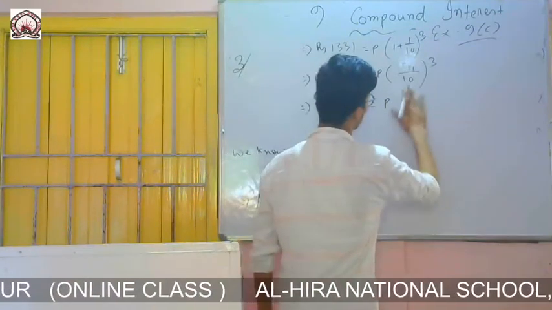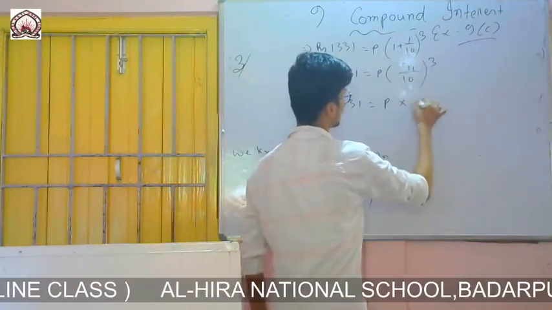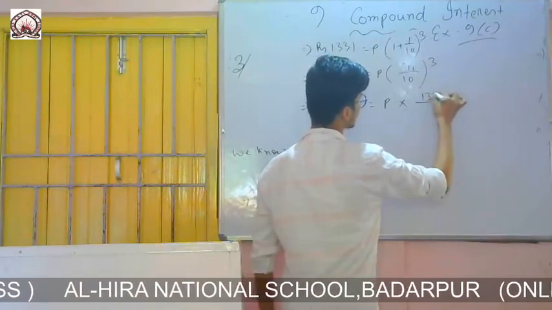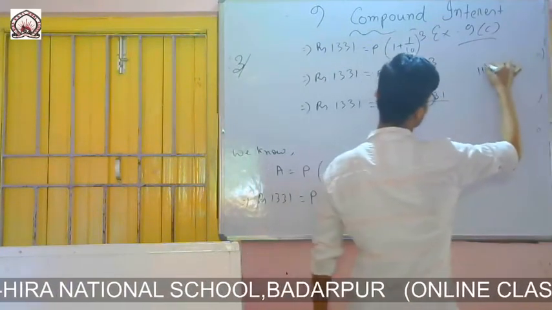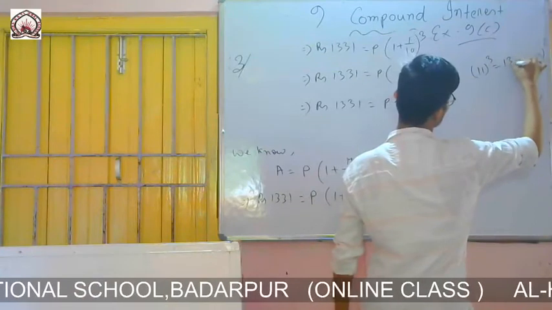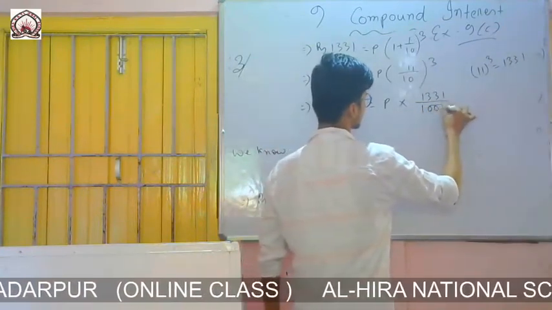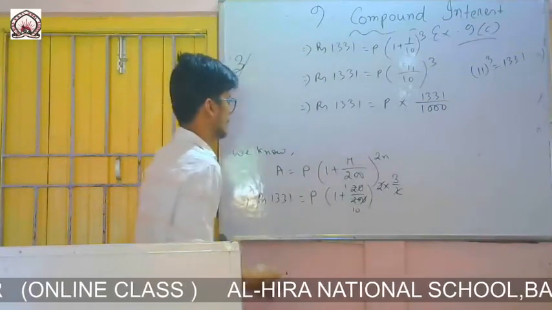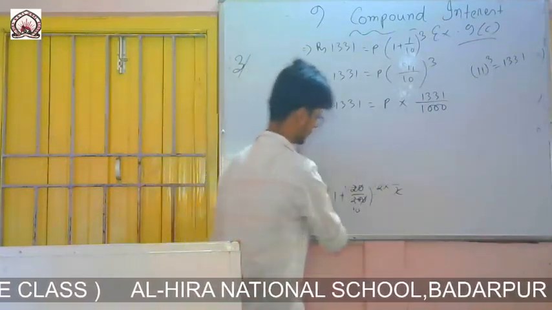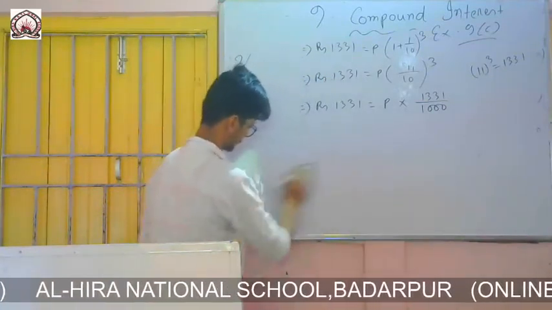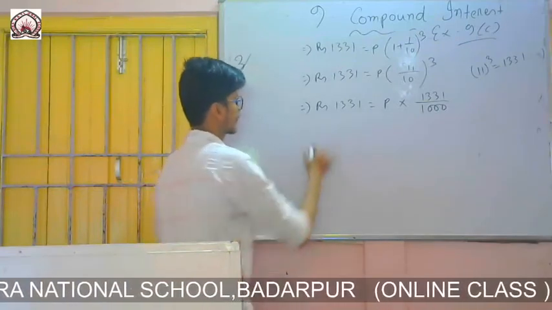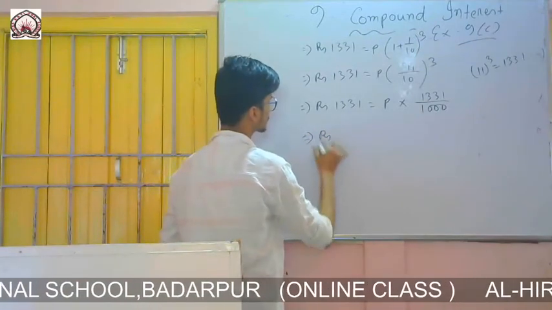Okay, one thing now, 11 cube we know it is 1331, 11 cube equals 1331, you remember this one, and 10 cube is 1000.